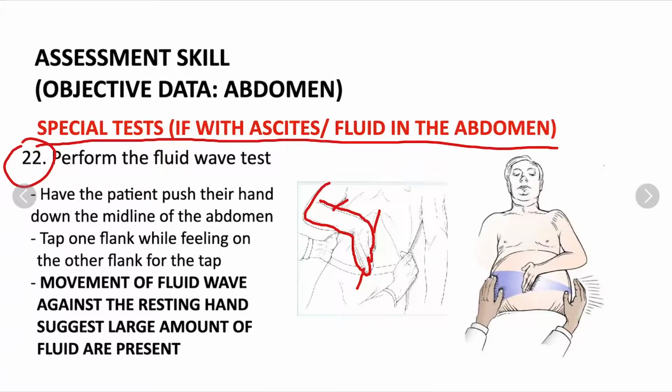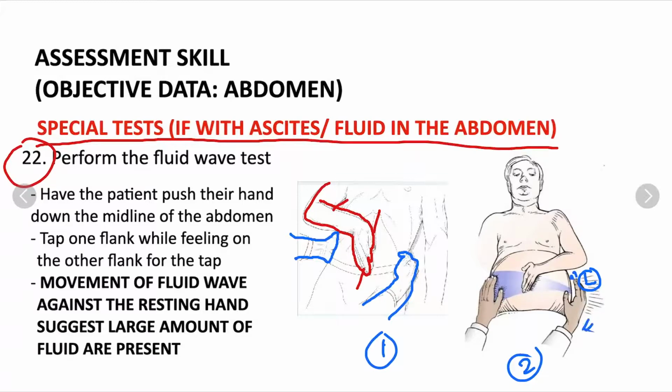And then the nurse practitioner's hand, signified by the blue outlines, would be positioned at both sides. On the next illustration, number 2, with my right hand, I would be tapping gently the left side of the patient.